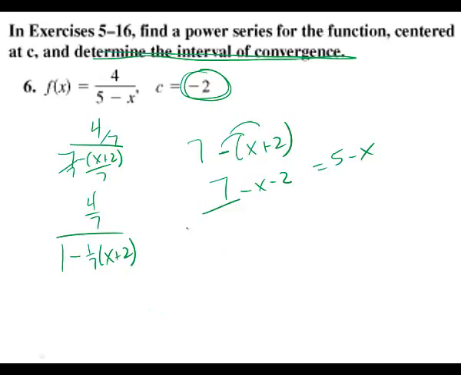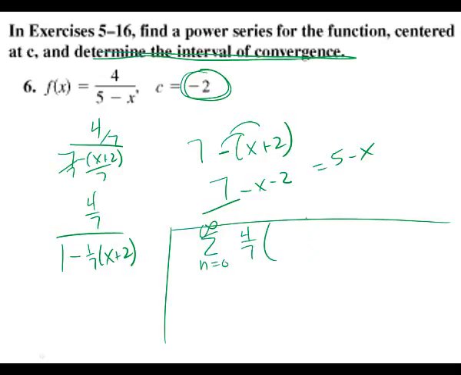All right, let's put it in. I'm going to put my summation formula in this box. So the sum as n equals 0 to infinity, what's your first term? 4 sevenths. And then your ratio is 1/7 x plus 2 to the n power. Then we're going to distribute the n in, right? I don't really need the 1 anymore. 0 to infinity, 4 over 7.